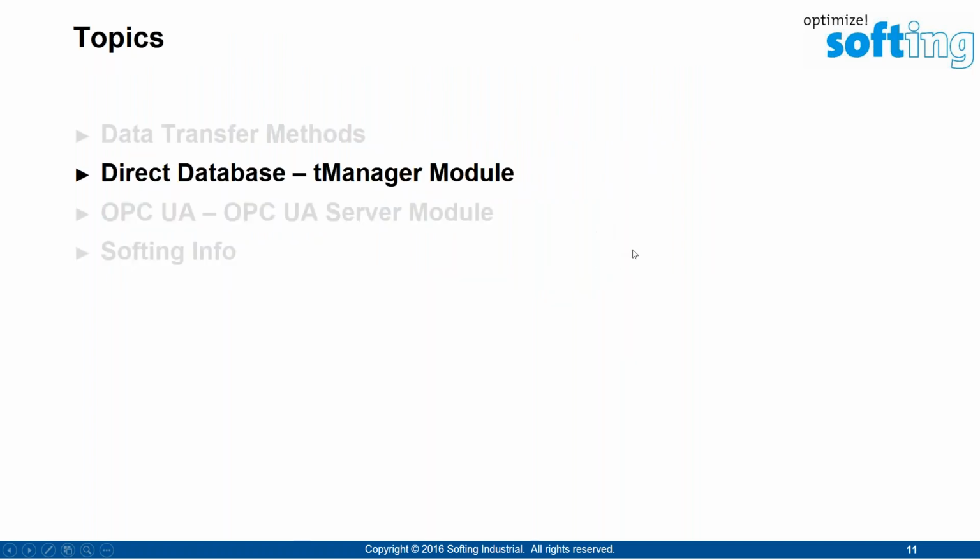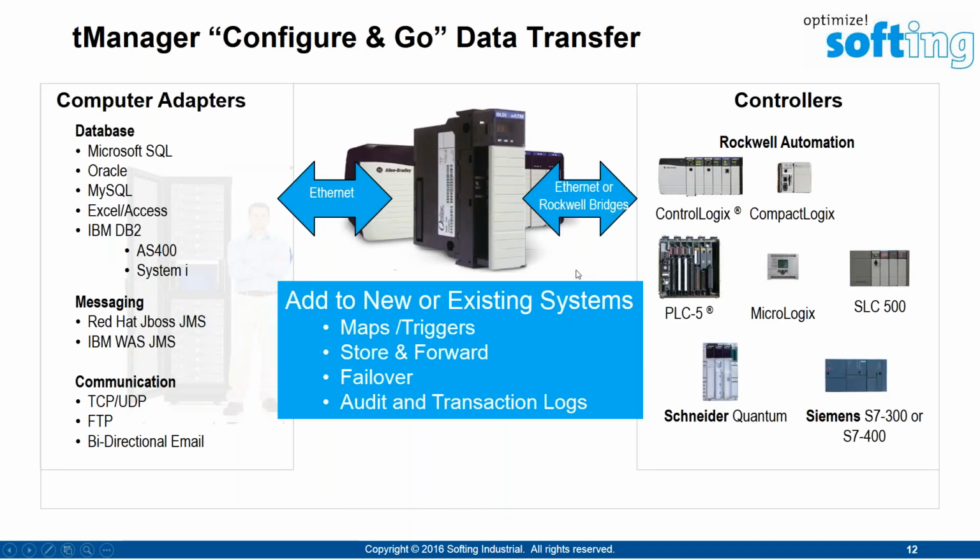Okay, now I'm going to talk a little bit more in depth about the tManager module. So here we can see the connectivity adapters available on the left side and on the right side. On the left side we have the computer adapters.